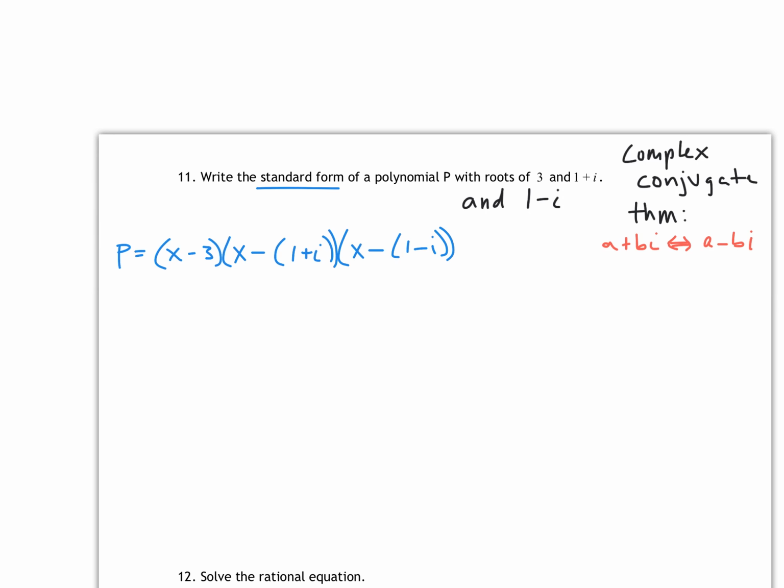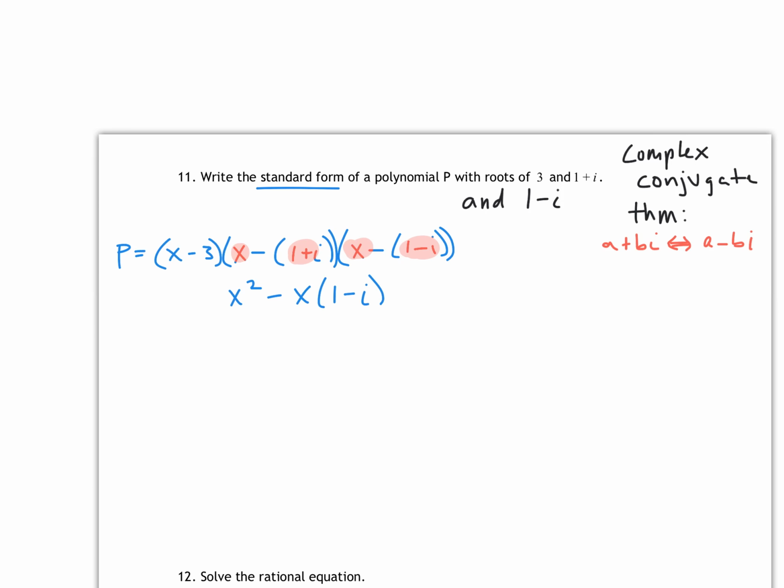So distribute everything. This might take a few steps, but I'm going to start with these two here, and I'm going to treat these as 4 parts. 1, 2, 3, and 4. So x times x, x squared, and then the outer, I'm just going to put those together. So it's negative x, 1 minus i.